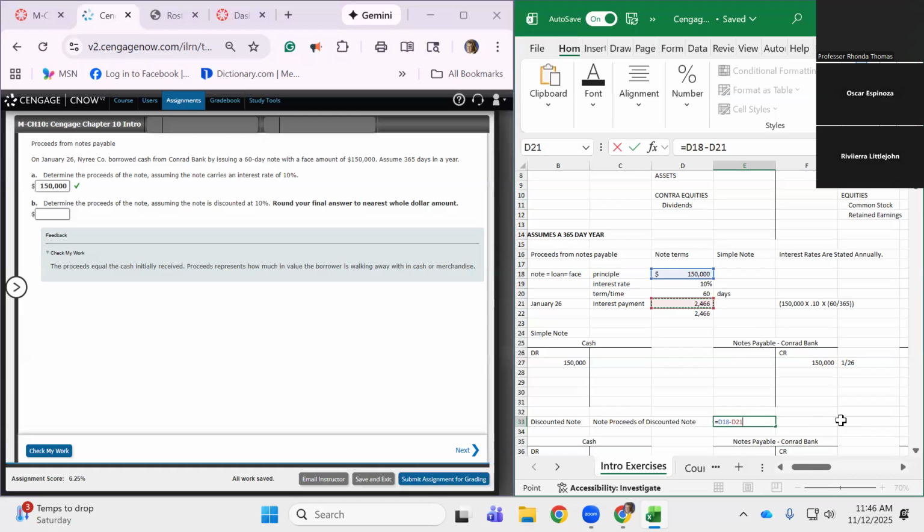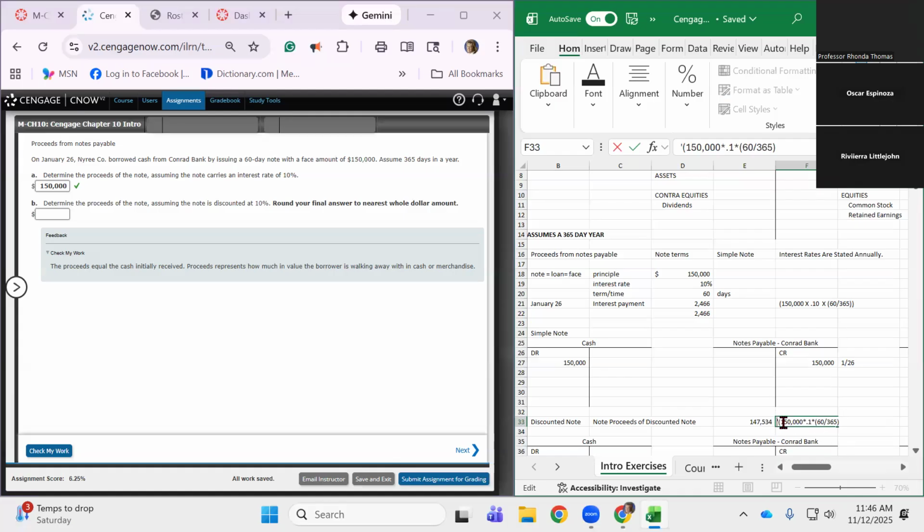That's the loan proceeds. Now I'm going to show you that in a formula here. So equals 150,000 note times the 10% times that 60 over 365. And then, all right, I need one more.